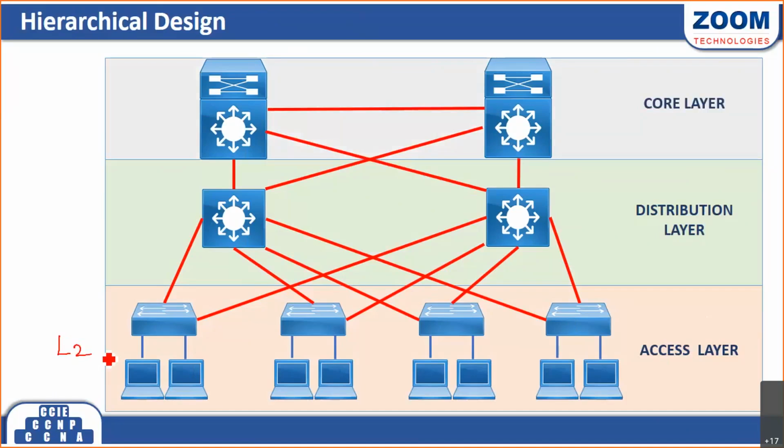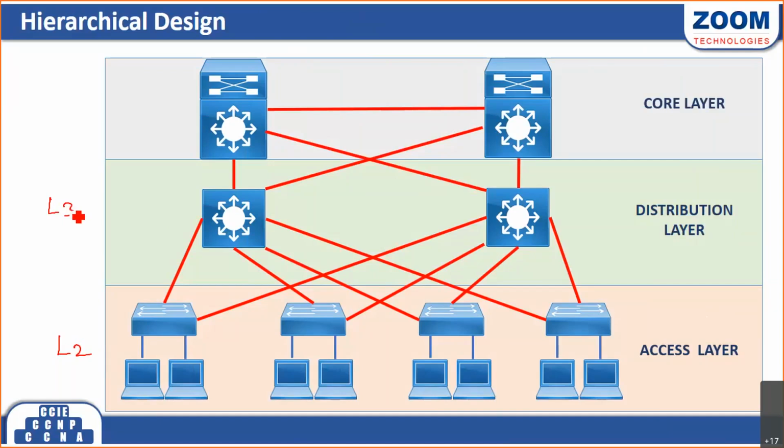But the distribution layer switch is a layer 3 switch. Layer 3 switch we call it, meaning it's both layer 2 and layer 3. What is layer 3? Layer 3 is a router, the network layer, right? So this distribution layer switch can understand IP addresses and routing protocols, layer 2 and layer 3 protocols.